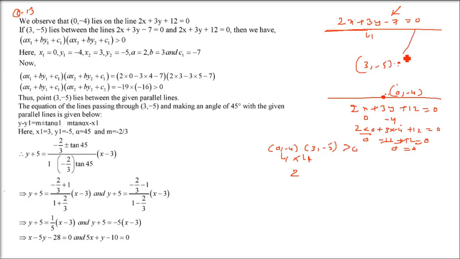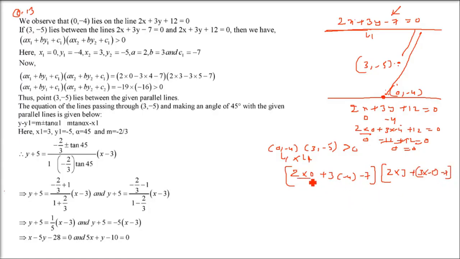So L1, 2x + 3y - 7. One time I am putting (0, -4) in the same equation, 2x + 3y - 7. Other time, in the same equation, I am putting (3, -5). And if I multiply the results, if it is greater than 0, that means they both are on one side of the line. So what do you get?